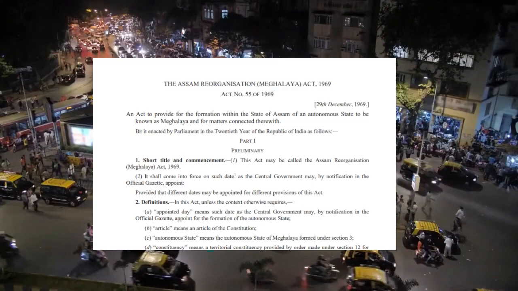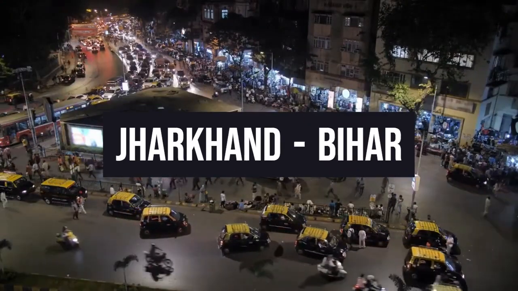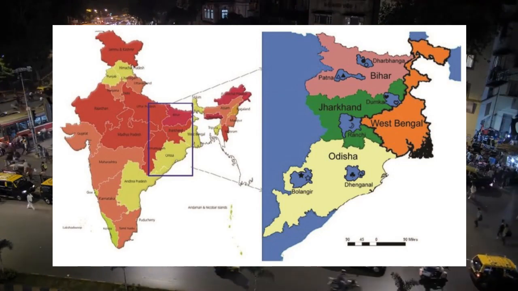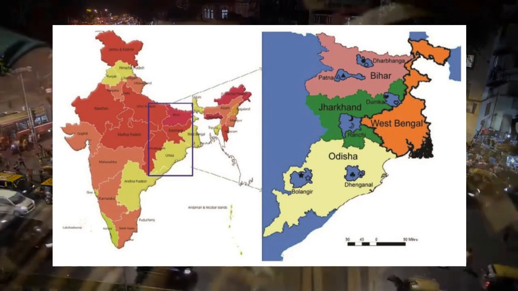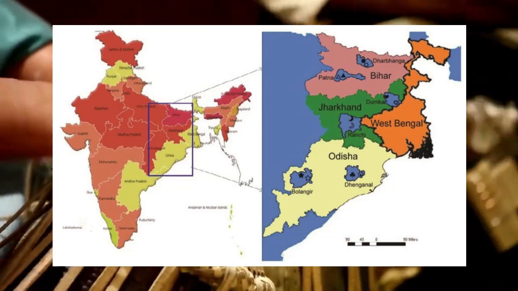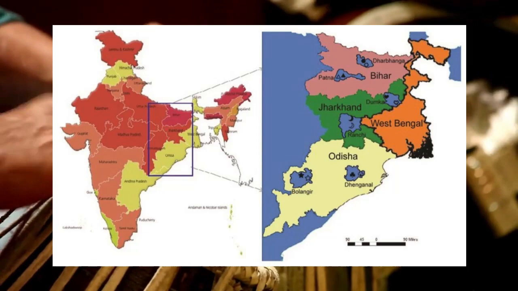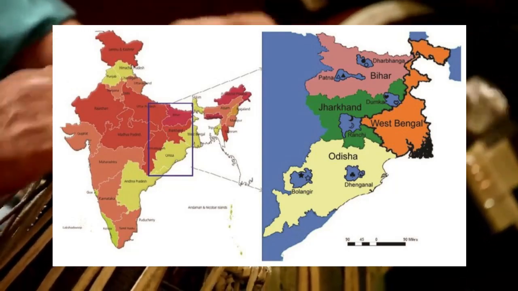Until the year 2000, Jharkhand was a part of the Indian state Bihar. The region was located on the south of Bihar with enormous mineral-rich topography and also a substantial tribal population. But unfortunately, the region was labelled as backward across years. This very fact became a reason for demanding a separate statehood.